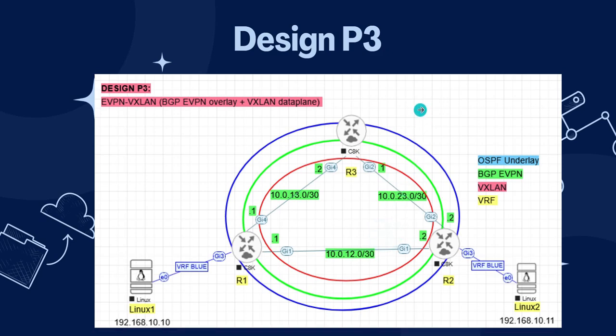We go to the next design, P3. It uses VXLAN, with OSPF underlay, BGP EVPN, and VXLAN. VXLAN is like VLAN, but on a more global, geographical scale.